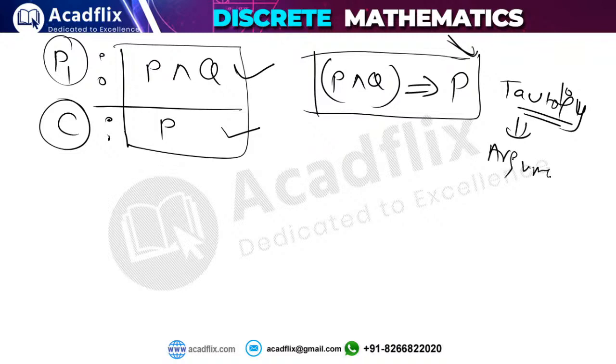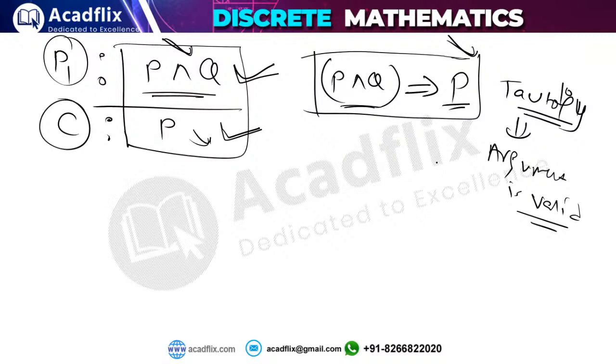It is very easy. You have an argument, this is the hypothesis, this is the conclusion, and this complete thing is the argument. We say that this argument is valid if this hypothesis implies this conclusion.